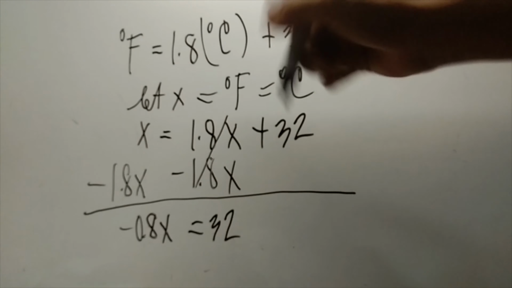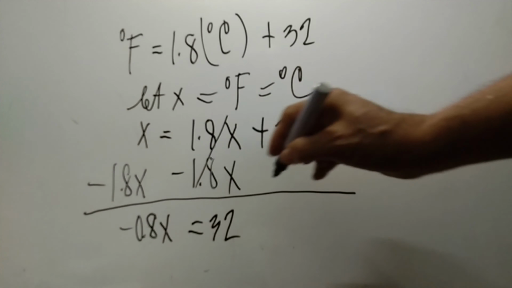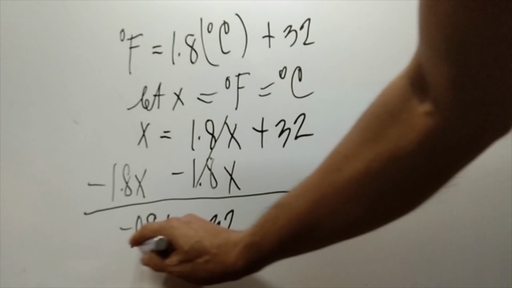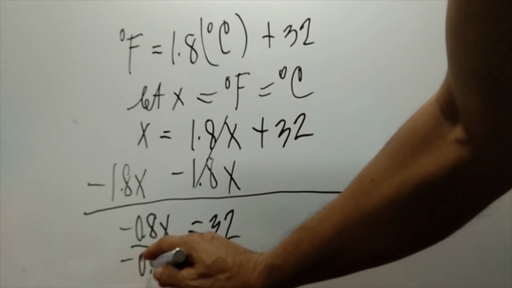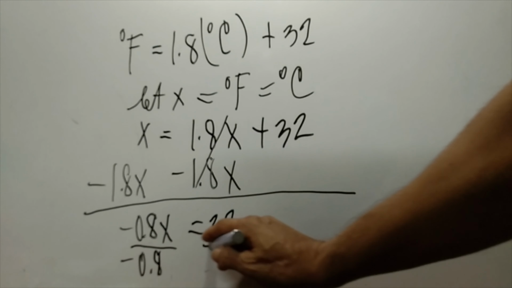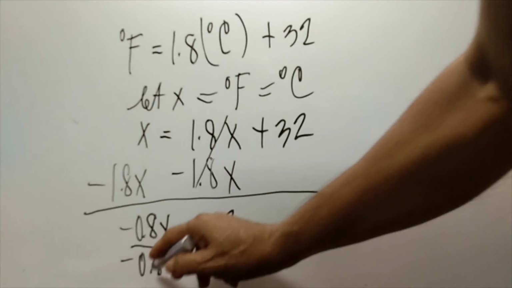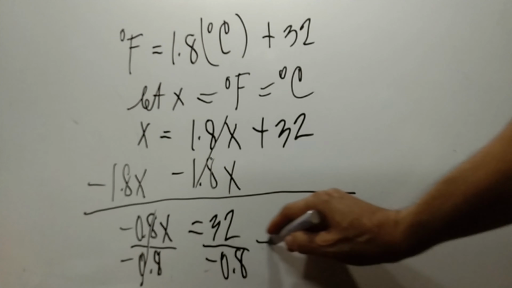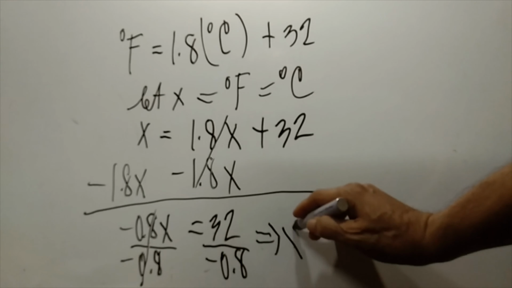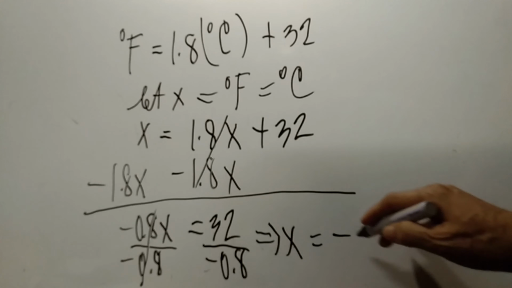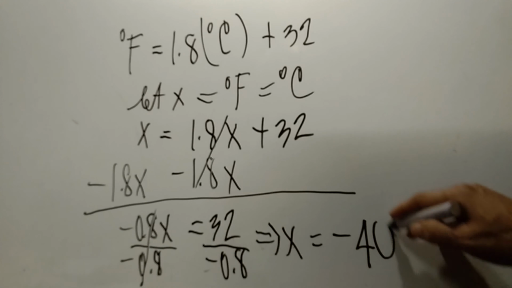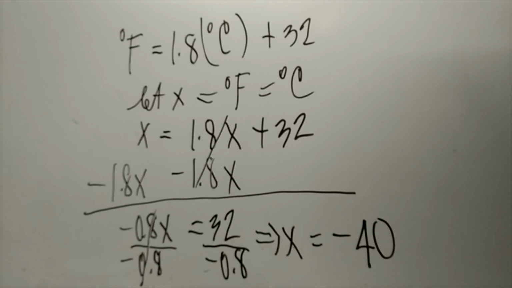So we will transpose the negative 0.8 to the other side, so we will be dividing this by 0.8. Also divide this by 0.8. This will become 1. So therefore, x will be equal to negative 40. So the Celsius and Fahrenheit scales will be equal at negative 40.